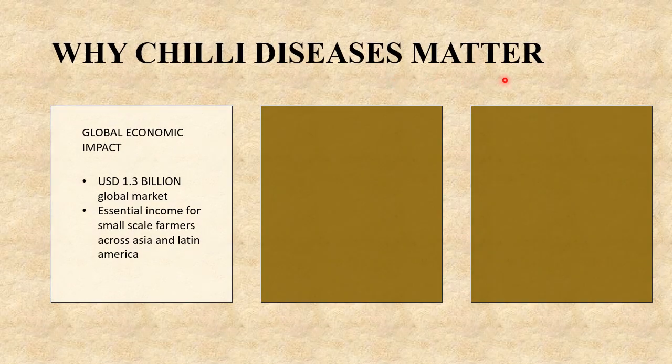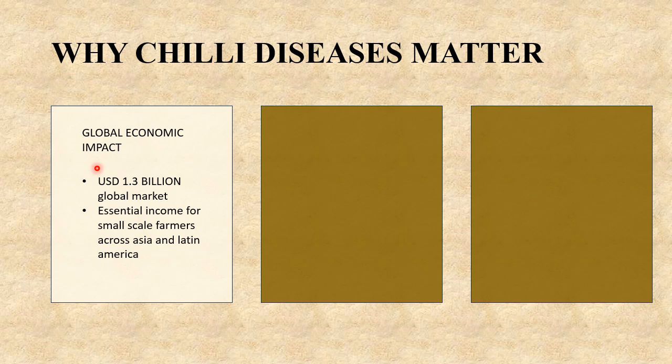Why do diseases matter? Why do we need to take the diseases of chili seriously and manage them? Because of the global economic impact. If we take any agricultural crop, the global production should be there.